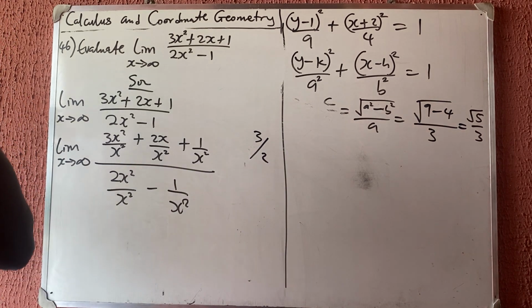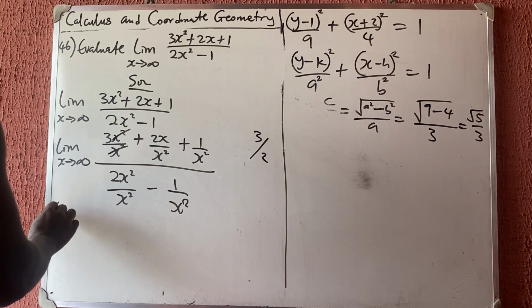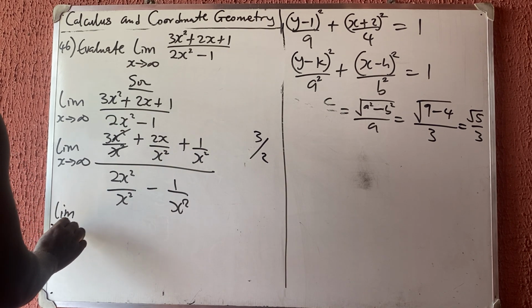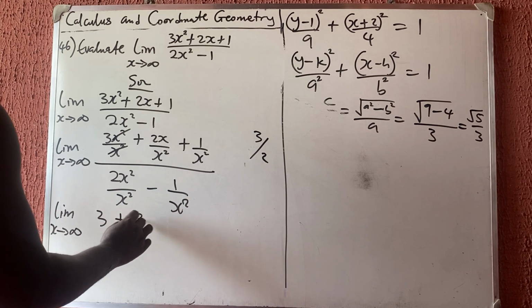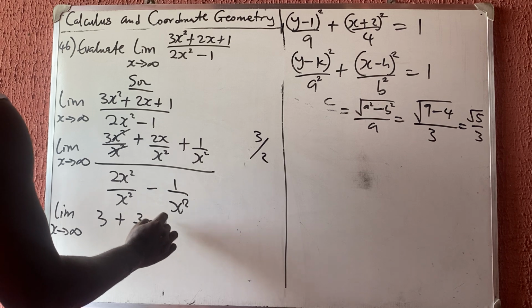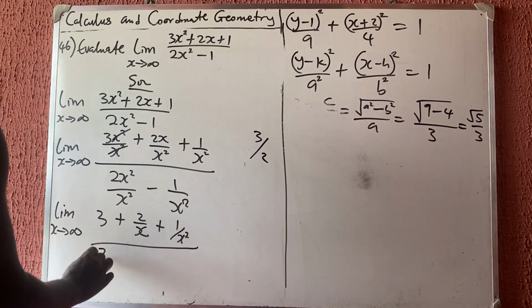So this will take care of this, and I have 3 standing here plus 2 over x plus 1 over x squared, all over 2 minus 1 over x squared.